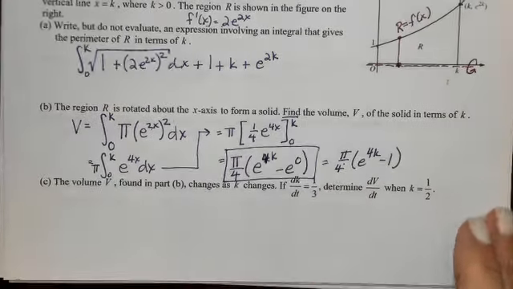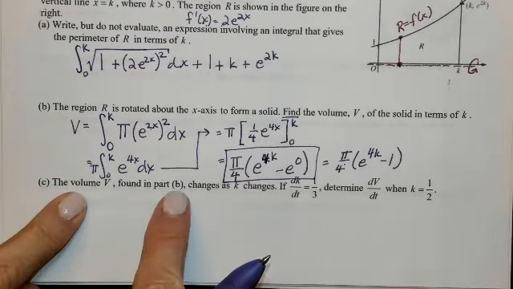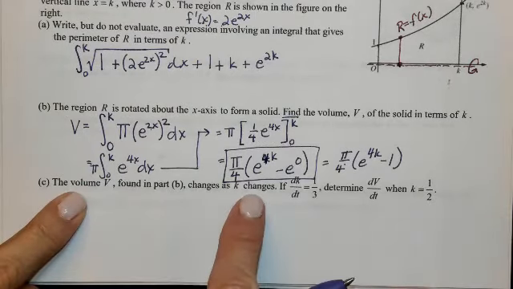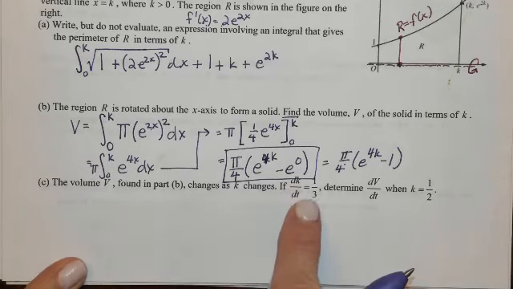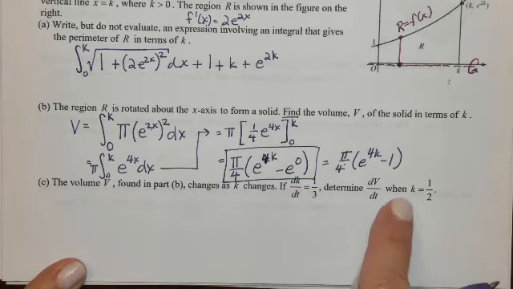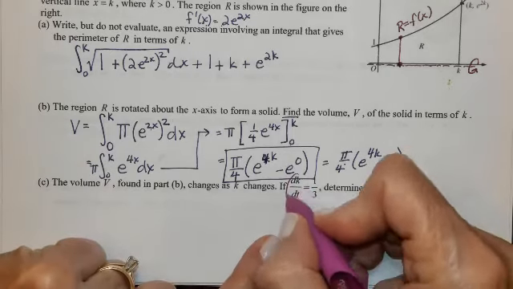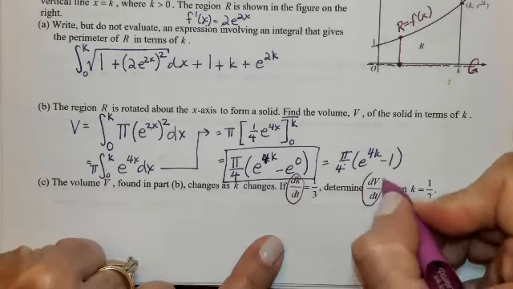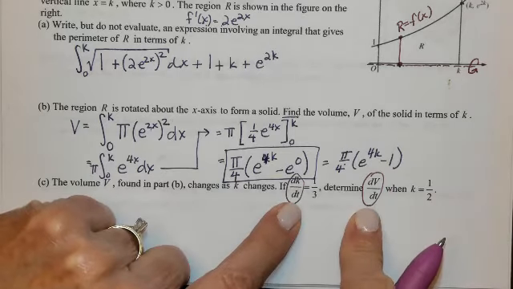Okay, next up. It says the volume V found in part B changes as k changes. If dk/dt is 1/3, determine dV/dt when k is equal to 1/2. So all of a sudden, when I see this dk/dt, dV/dt, I find out I'm needing to do a related rates problem now.